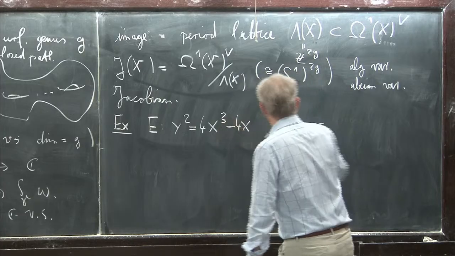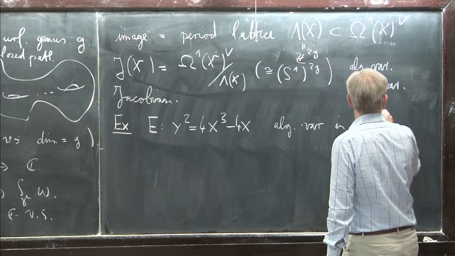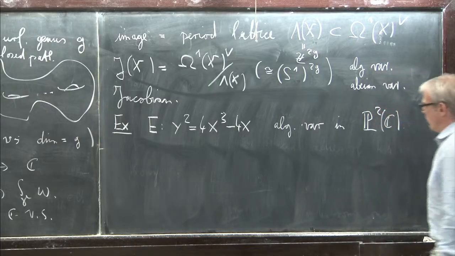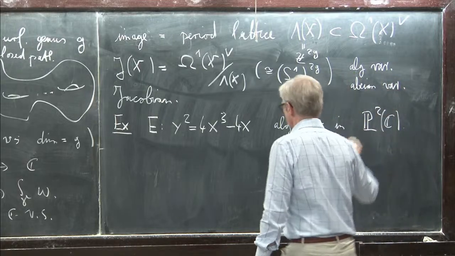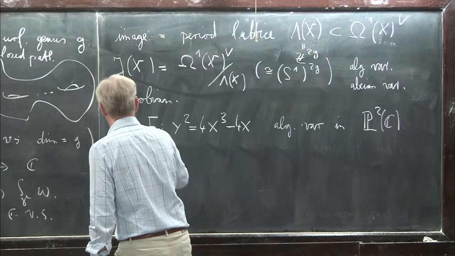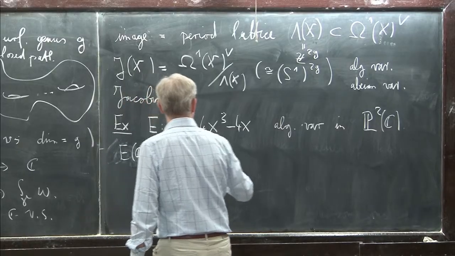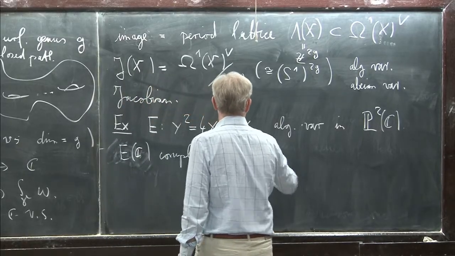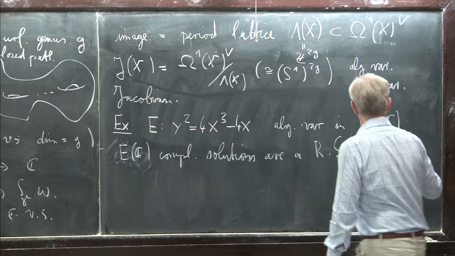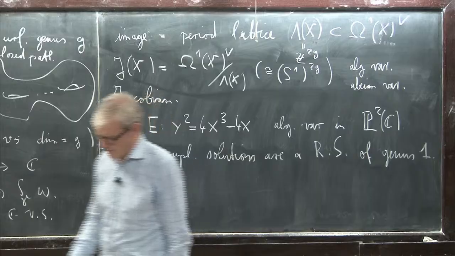The solutions of this give rise to an algebraic variety in projective space, P2 of C, complex valued points. So this is a Riemann surface. So E of C, the complex solutions, are a Riemann surface of genus 1. It's called also an elliptic curve.